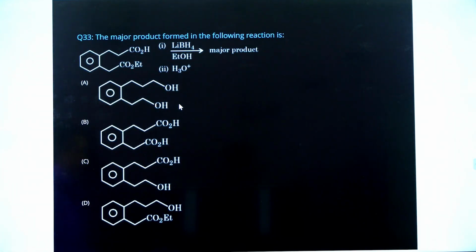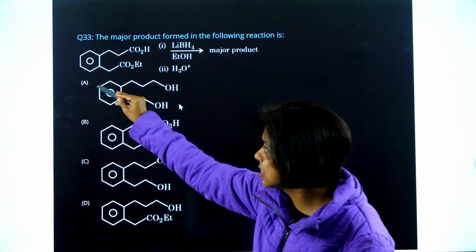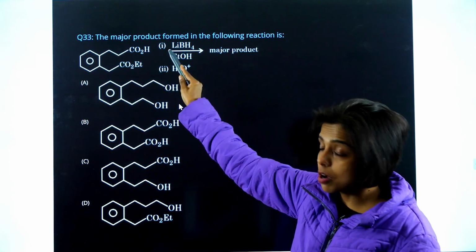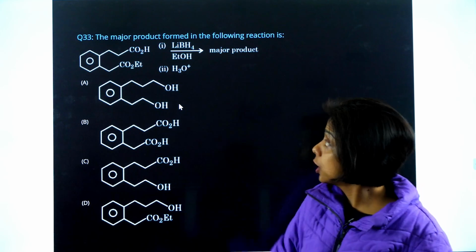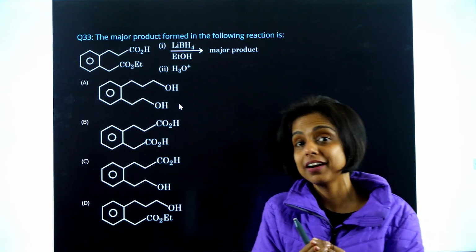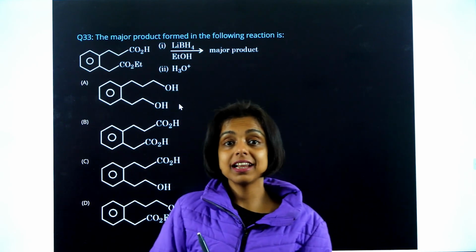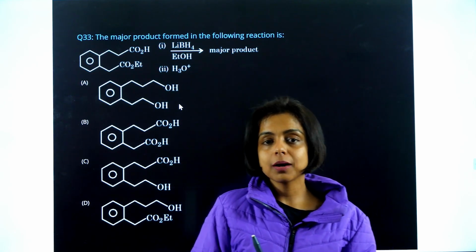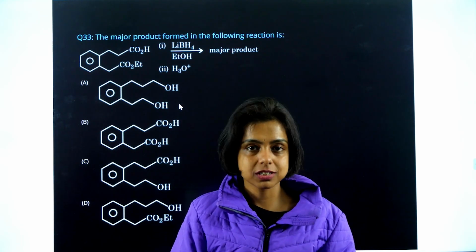Okay, in the next question, you have this compound in which you can see there is a benzene ring, there is a carboxylic acid, there is an ester also, right? And there is a reducing agent. Please be careful. The reducing agent is not lithium aluminium hydride, it is lithium borohydride. So lithium borohydride is very selective. When your compound has a carboxylic acid, it will not reduce your carboxylic acid.